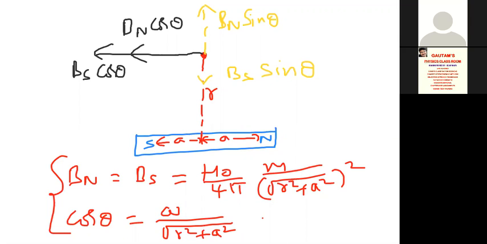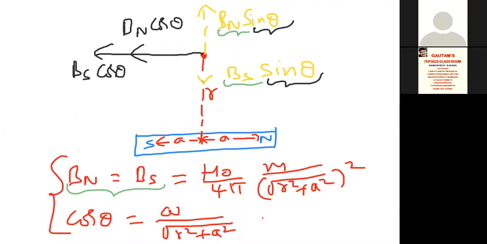Now the most important point: we just said that Bn and Bs are the same, so we concluded Bn and Bs are equal. Beside Bn there is sin theta, and beside Bs we also have sin theta.